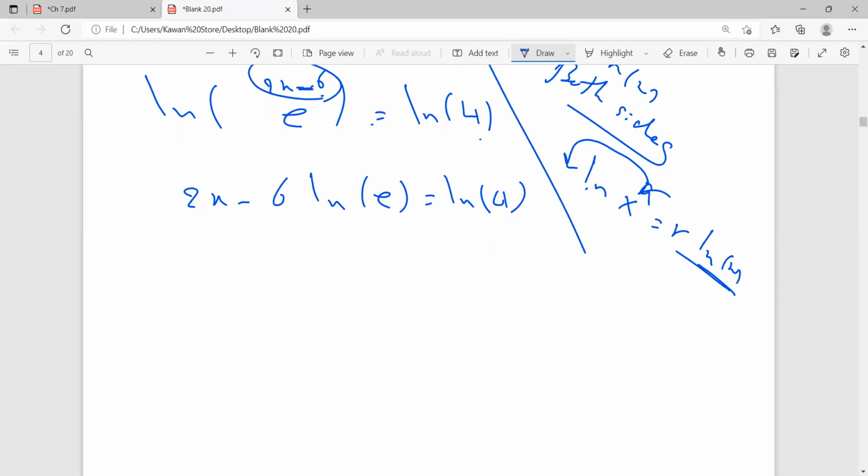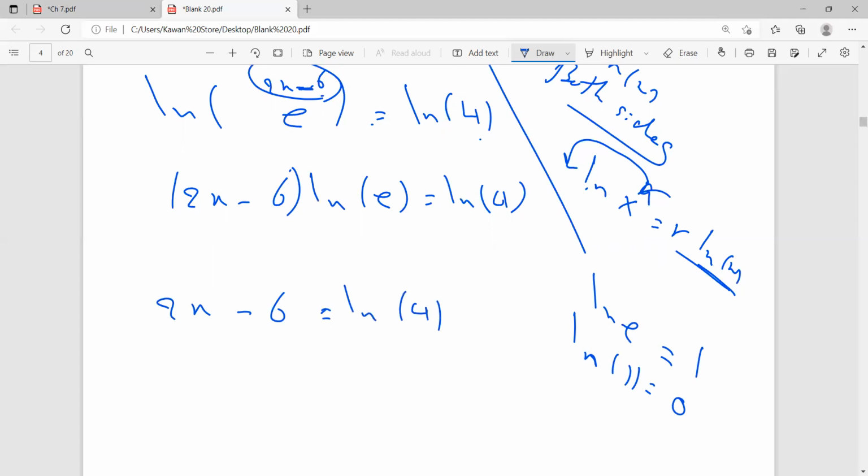Okay. Now you know ln of e is equal to what? 1. Ln of 1 equal to what? By property, 0. Good. So now we have 2x minus 6 is equal to ln of 4. Ln of 4 is a number, we don't care about it. I have no calculator, so I'm not going to find it. During the exam also, you don't need to.